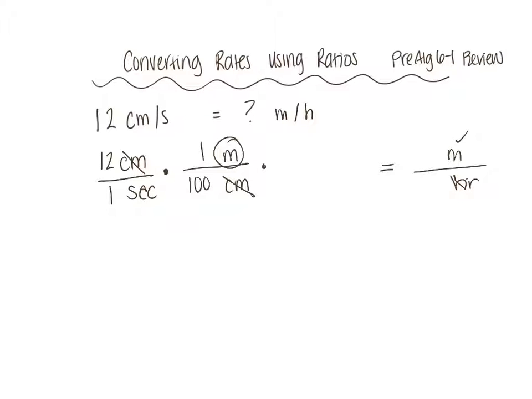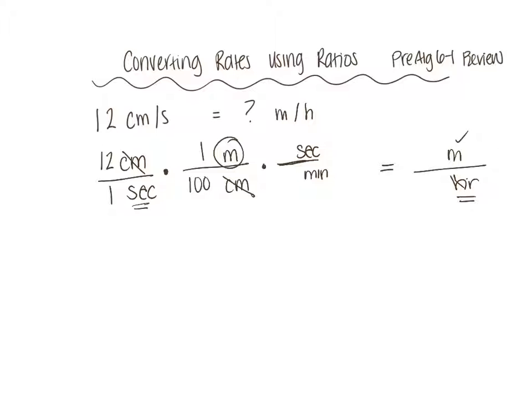Okay, my meters are good. I need to deal with my time now. I have seconds. How can I get from seconds to hours? Well, I need to go to minutes first. So what do I know about minutes per second? 60 seconds in a minute, okay. Which one goes on the top or the bottom? 60 seconds or 60 minutes? Well, my seconds need to cancel out, so they're going to go on top, meaning my minutes have to go below.